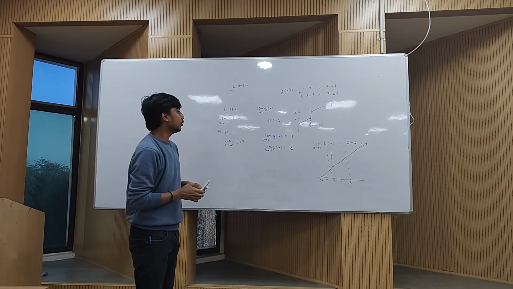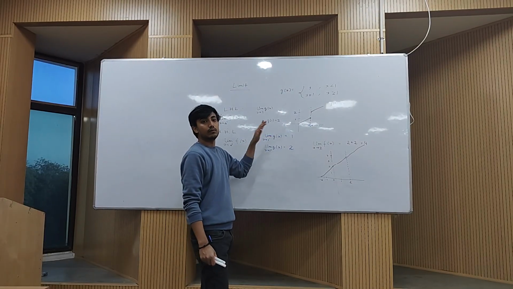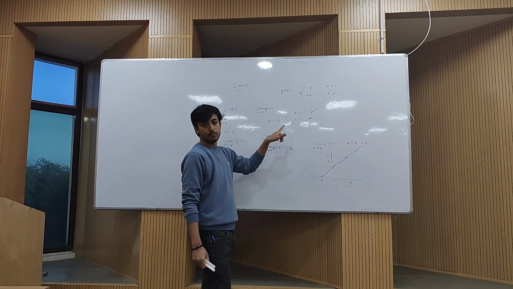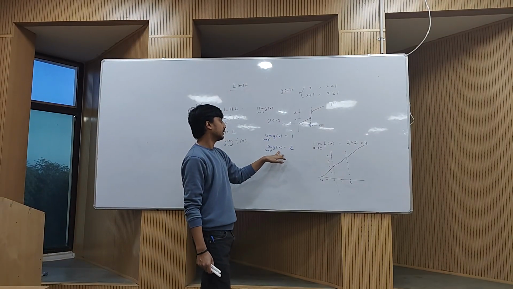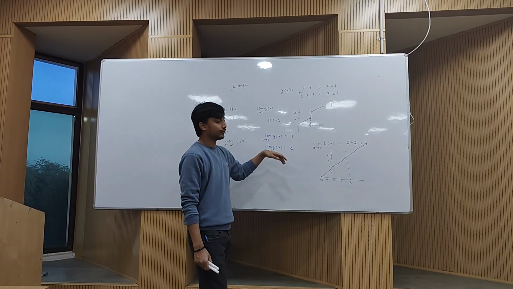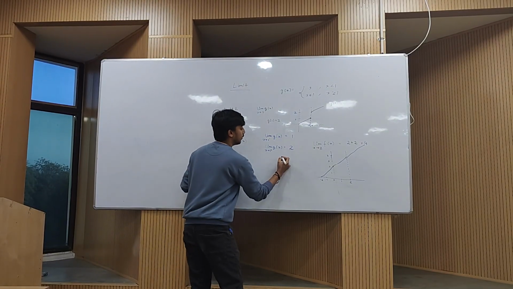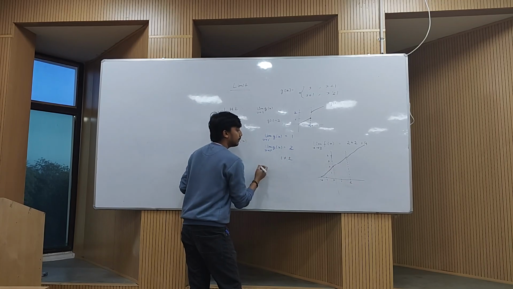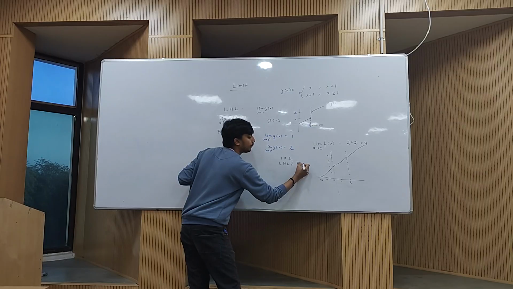Now we can notice the difference. The left hand limit, the value of the function when approaching from the left side, goes to 1, and the limit of the function g(x) when x goes to 1 from the right side goes to 2. So these two things are unequal. 1 is not equal to 2. It means the left hand limit is not equal to the right hand limit.